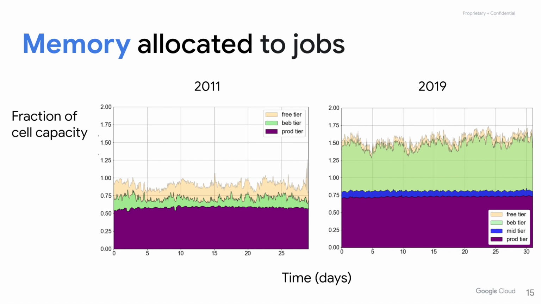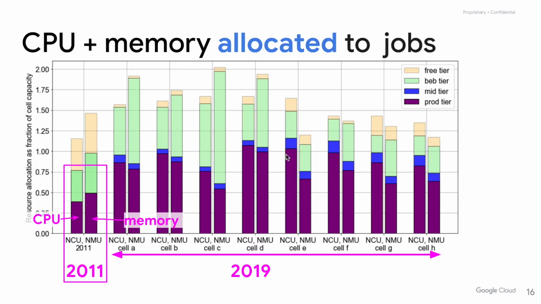For example, in 2019, the memory allocated to jobs is twice as much as the memory allocated in 2011. When we look at the CPU and memory allocated to jobs for individual cells, we see, just like we saw for usage, that the variation between memory and CPU allocated for individual cells is really high.